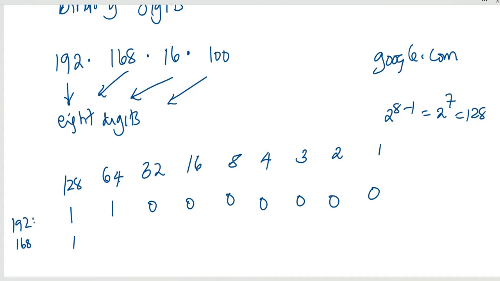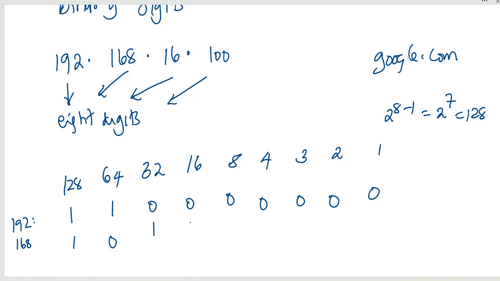So if I go to 64, I see it cannot qualify because it will go beyond this, so I put a 0 for 64. I'm remaining with 40. Then I got 32. I find 32 is less than what is remaining, so 32 qualifies to be part of these numbers, so I'll put a 1.